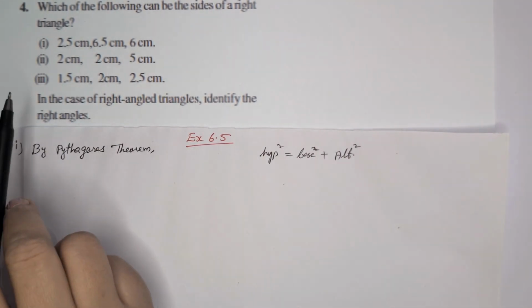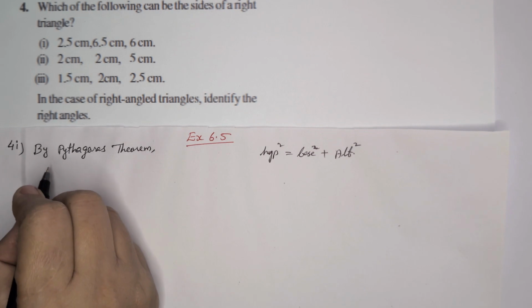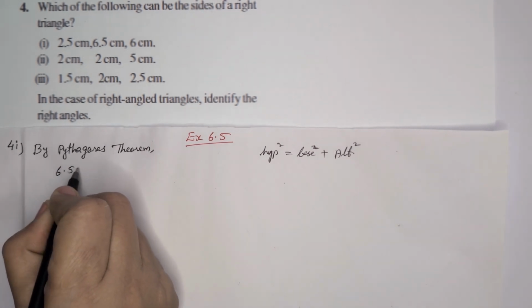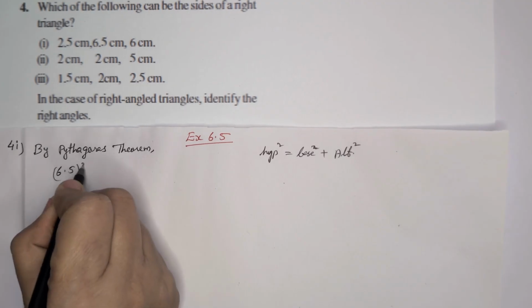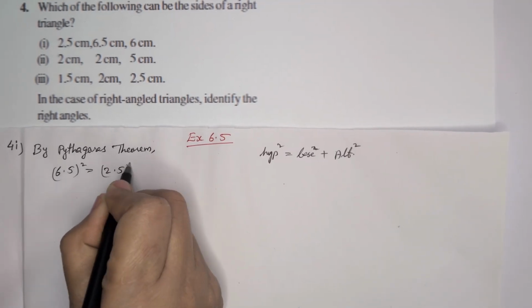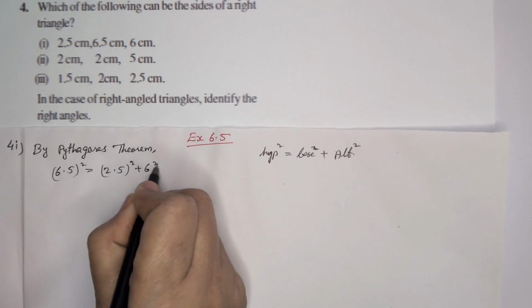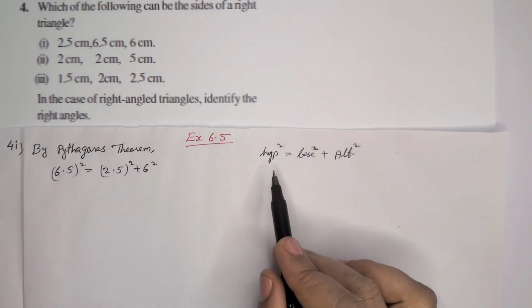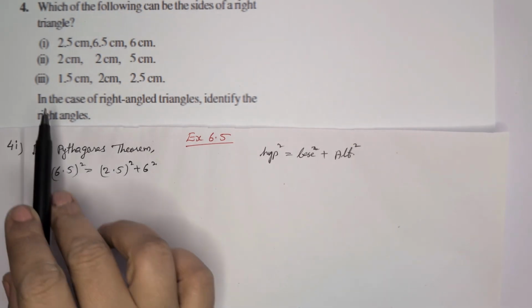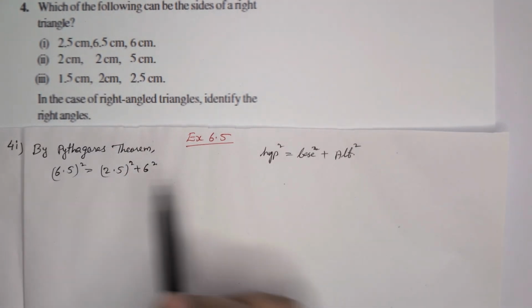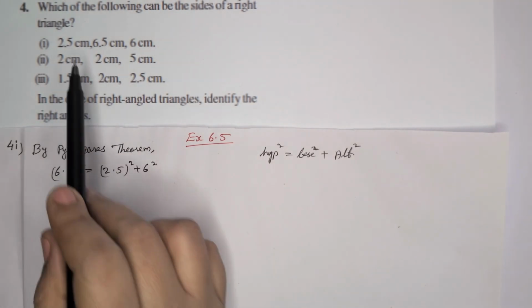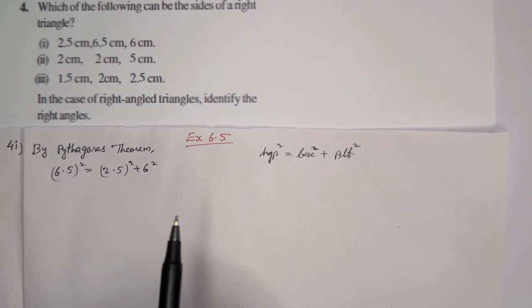Hypotenuse is the longest, the biggest side, so the biggest number we have to take as hypotenuse. So 6.5 square is equal to 2.5 square plus 6 square.